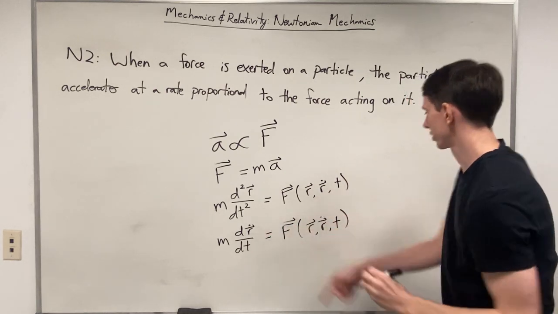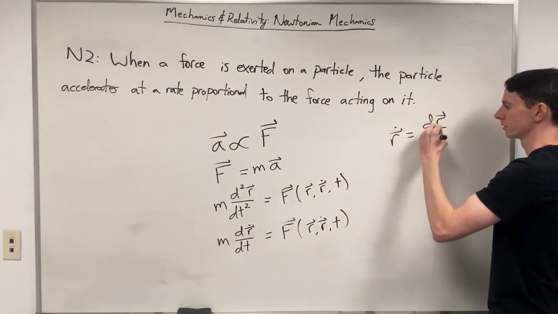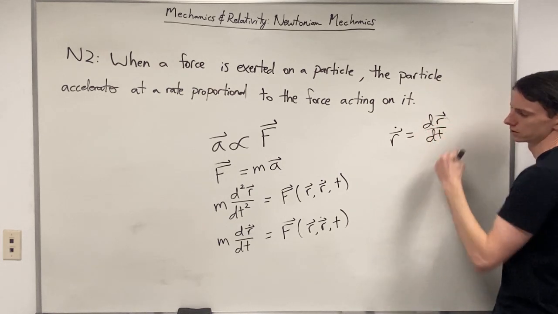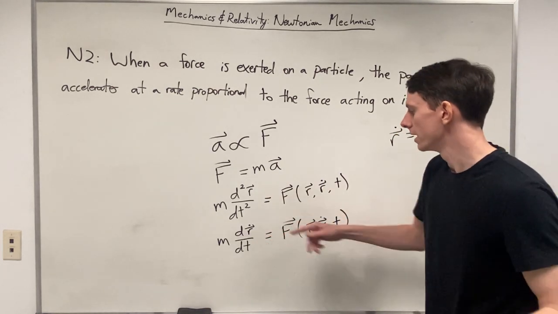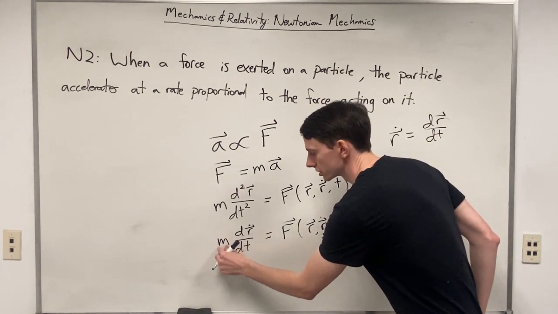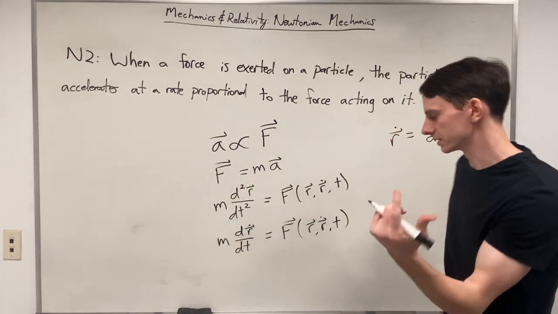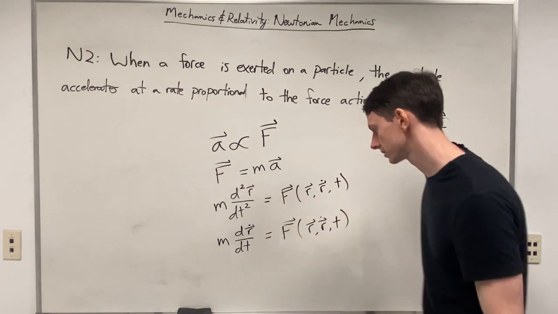And hopefully that makes sense, right? Because we said that r dot was just dr dt, like this. So just rewriting the second derivative as a first derivative like this. Now what I'm going to do too is bring this m inside the derivative, even though m here is a scalar quantity, just the particle's mass, how much mass it has, that doesn't change.